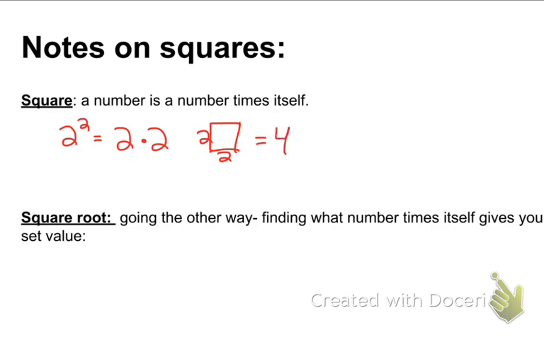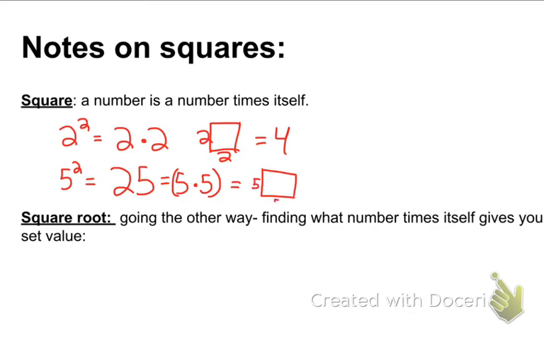Likewise, 5 squared is equal to 25, because it's 5 times 5, which can be represented as an area, a square box of 5 by 5. It would have an area of 25.